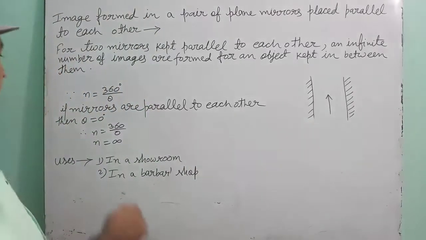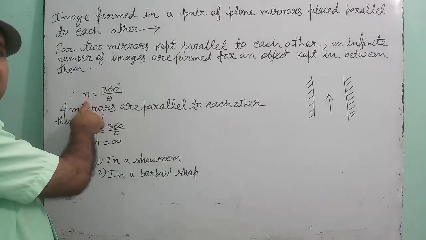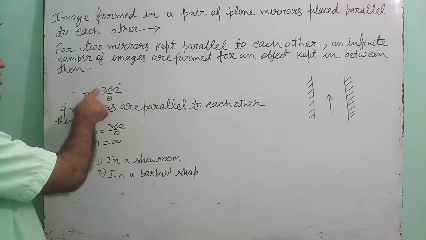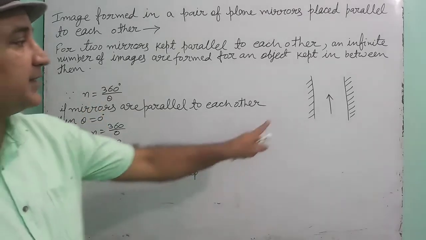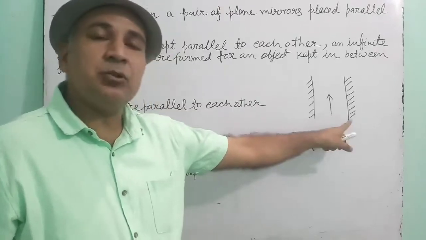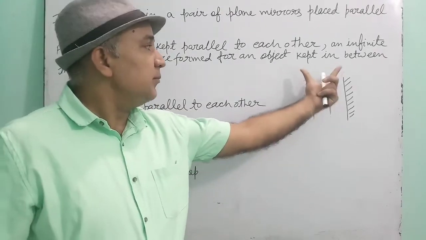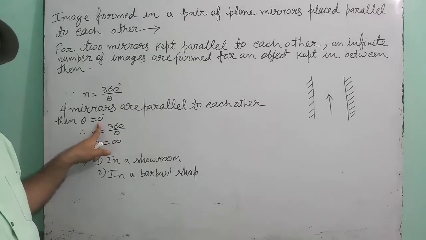See how we have studied this formula for finding the number of images. N is equal to 360 degree upon theta degree, where theta is the inclination between the mirrors, the angle between two mirrors. When mirrors are parallel to each other, then theta will be 0 degree.